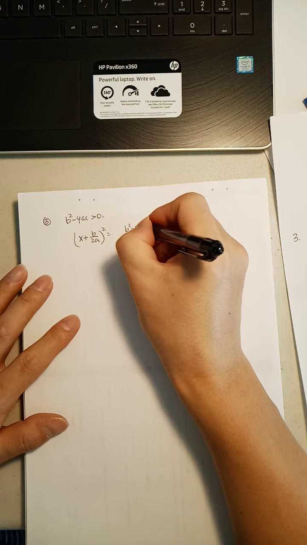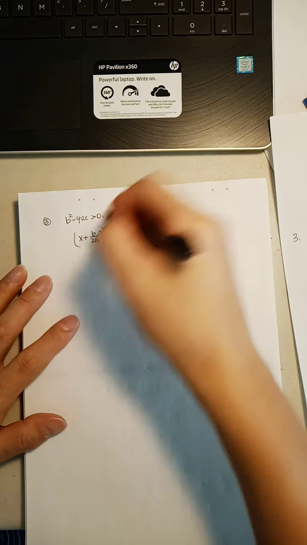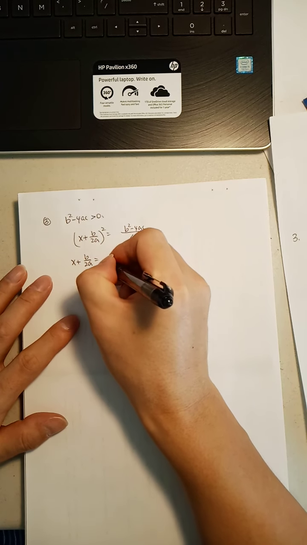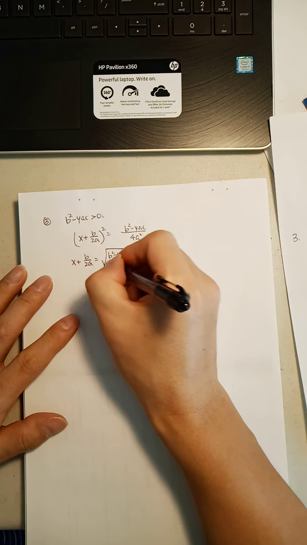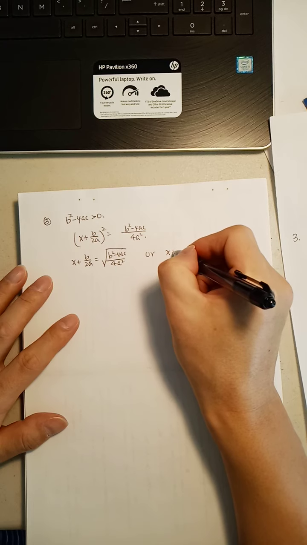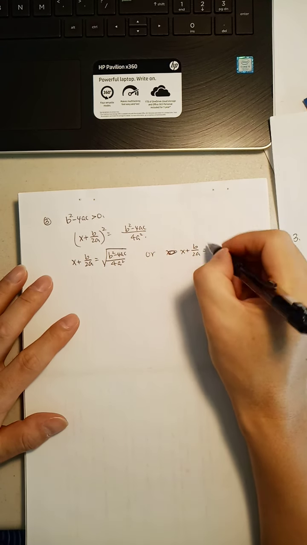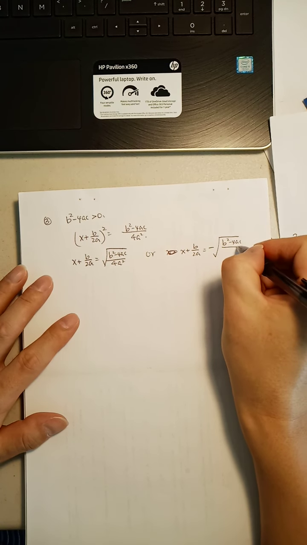Let me copy it first, and then we continue it on this page. And then we take the square root, we will get x + b/2a equal to the positive square root of (b² − 4ac) over 4a², or x + b/2a is equal to the negative square root of (b² − 4ac) over 4a².